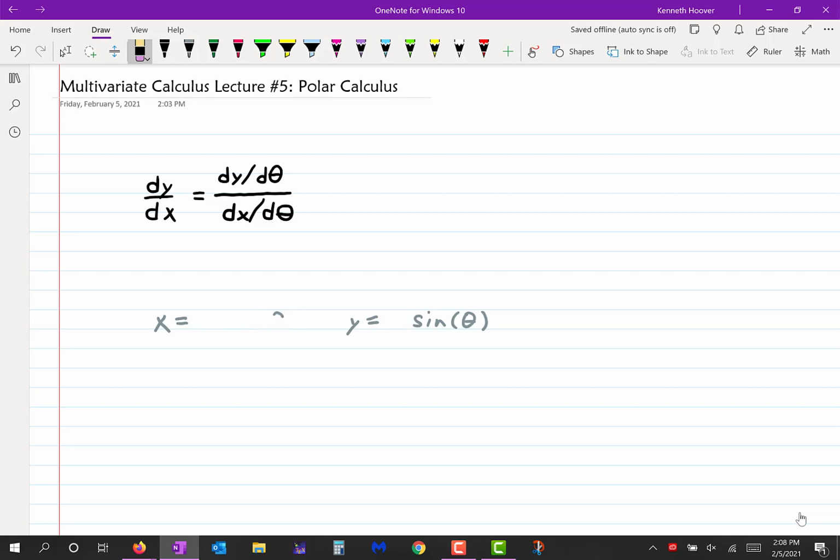Instead of just writing x equals r cosine theta, I'm going to write x equals r of theta times cosine theta. And for y, I'm going to write r of theta times sine theta.